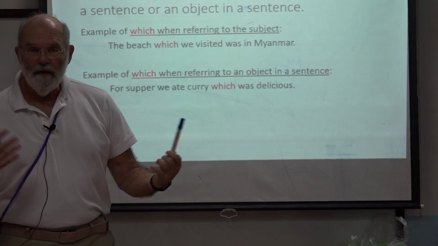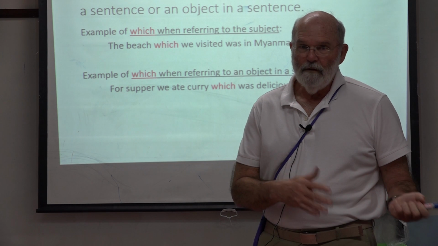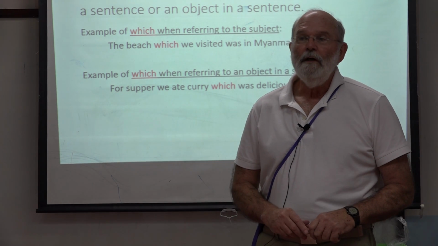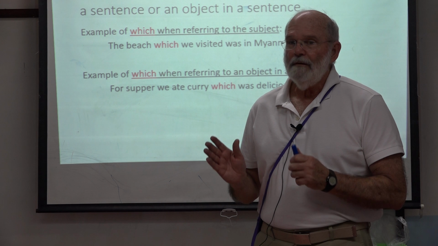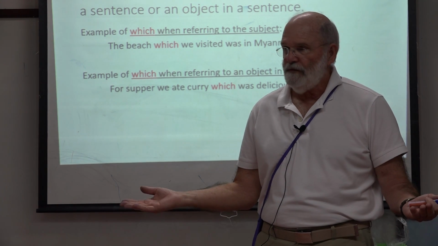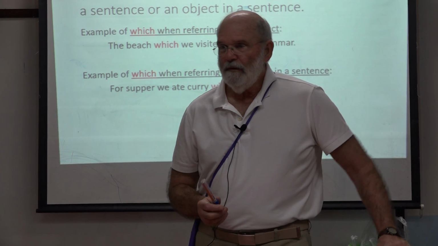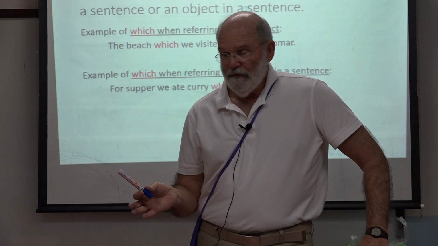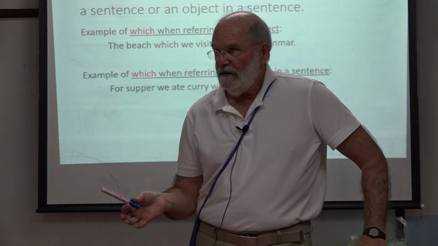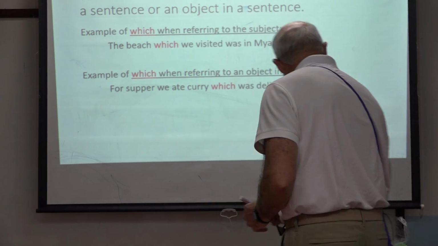So we don't have to worry when to use which, whether it's a subject. If we need to refer to a thing, we use which. And we don't have to worry whether it's a subject or an object. The only time we have to worry about whether something is a subject or an object is when we decide whether to use who or whom. Okay?